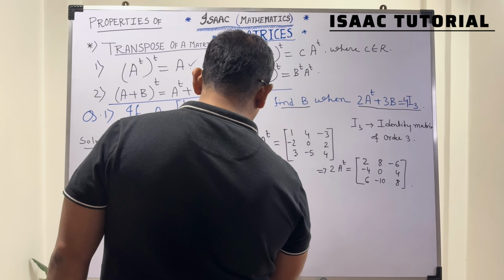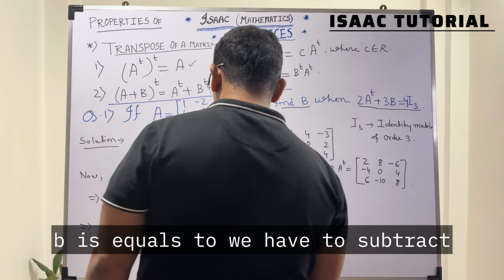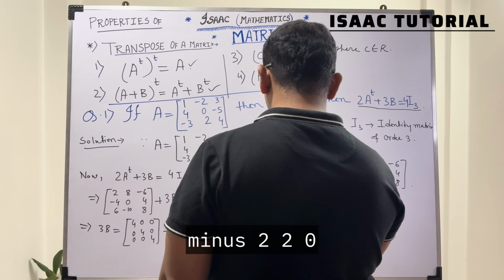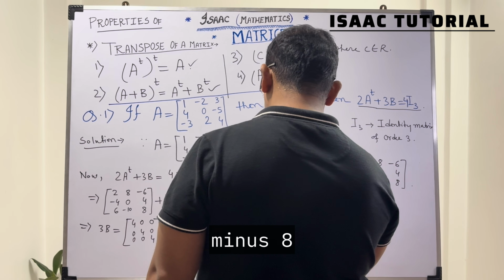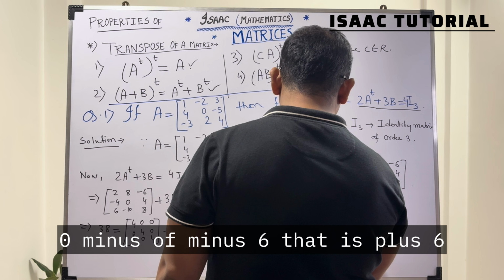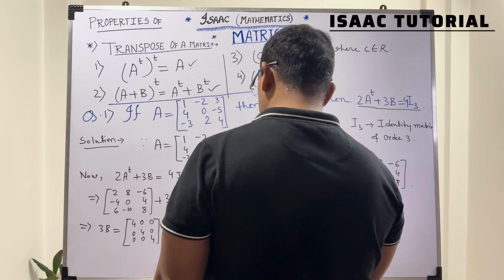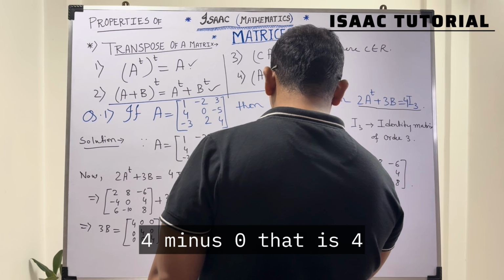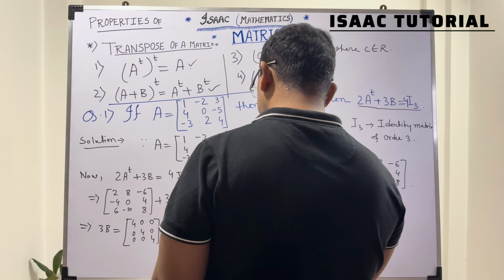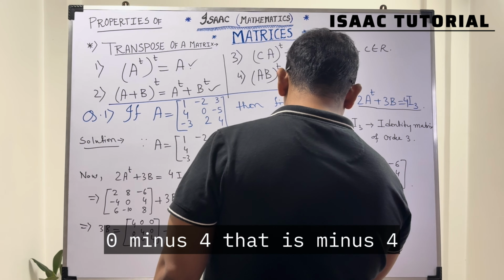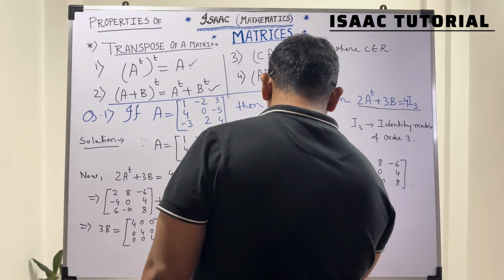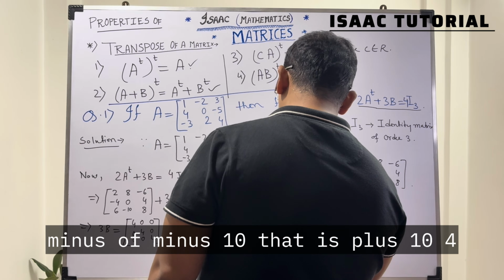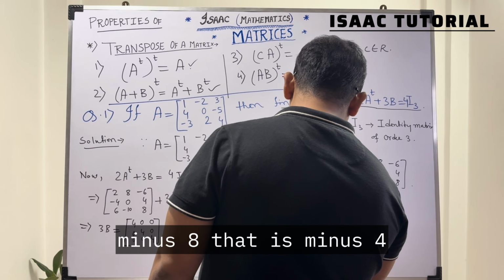This implies 3B is equal to, we have to subtract same positional elements: 4 minus 2 is 2, 0 minus 8 is minus 8, 0 minus of minus 6 that is plus 6, 0 minus of minus 4 that is plus 4, 4 minus 0 that is 4, 0 minus 4 that is minus 4, 0 minus 6 that is minus 6, 0 minus of minus 10 that is plus 10, 4 minus 8 that is minus 4.